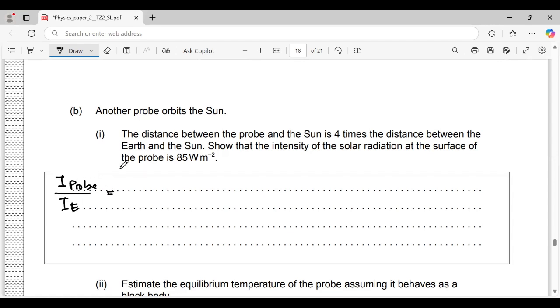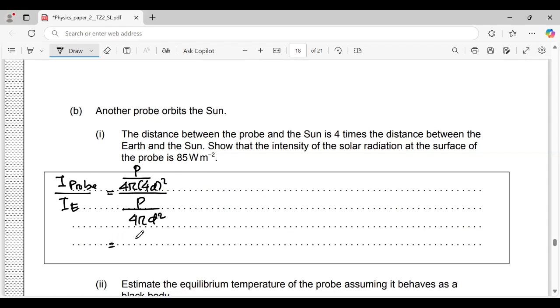Intensity of probe has the formula P over 4 pi times (4d) squared, over intensity of Earth, which has the formula P over 4 pi d squared, right? It will be 1 over 16.